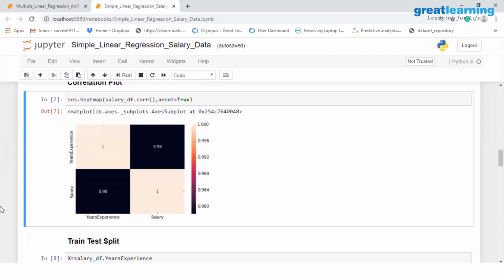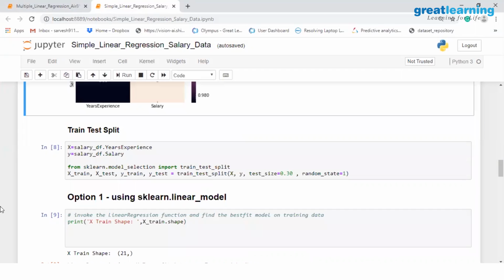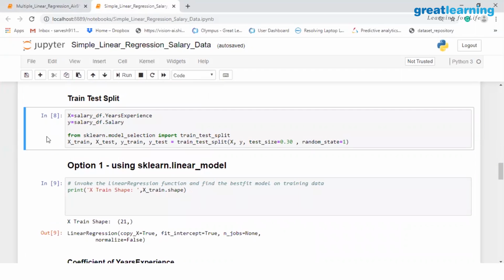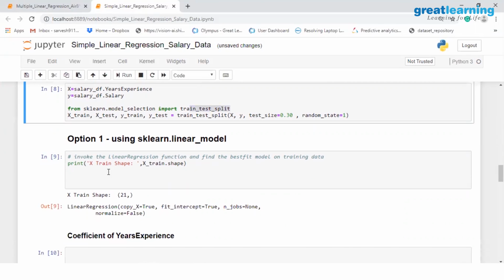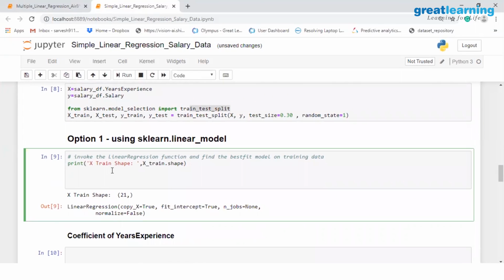I'm good. Okay. So the train test split. We have seen it a number of times. We use sklearn model selection, and from the model selection, train_test_split. Now there are two options to find the linear model, right? One from the stats library and one from scikit-learn.